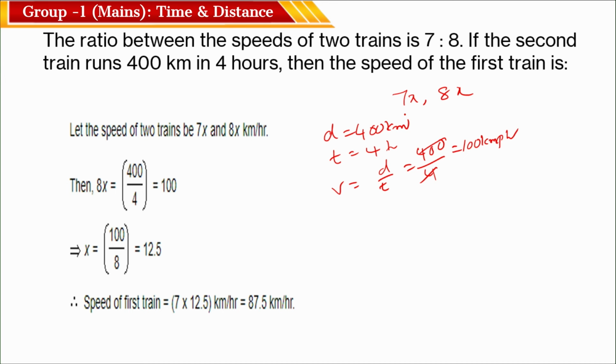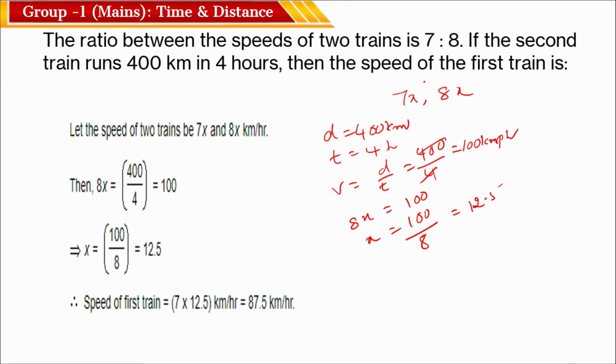So, we can say 8x is equal to 100 kilometers per hour, or x is equal to 100 by 8, correct? So 100 by 8 means here 8 12s are 96, 8 5s are 40, so it is 12.5. What is x here? Here x is 12.5.